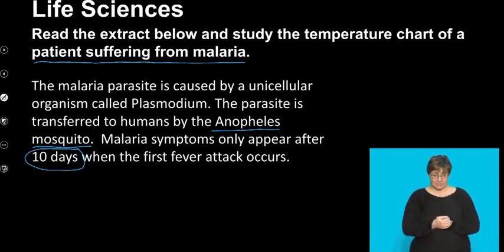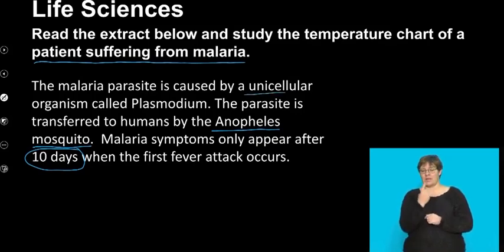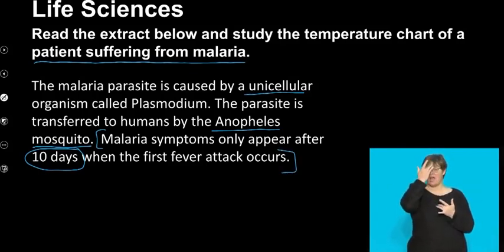Now there's a little bit of information over there. It tells you that it's a unicellular plasmodium, which tells you it's from the protist kingdom. It tells you that it's transferred by the Anopheles mosquito, and probably the most important bit of information is that malaria symptoms only appear 10 days after the first fever attack.